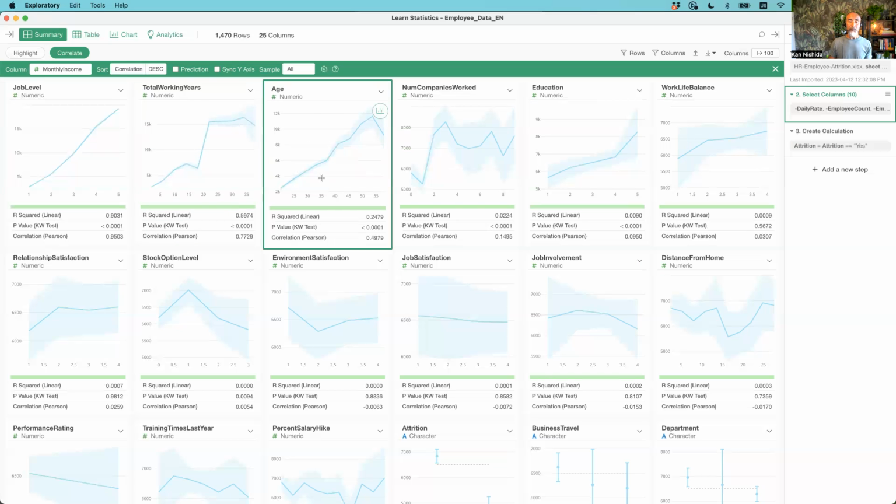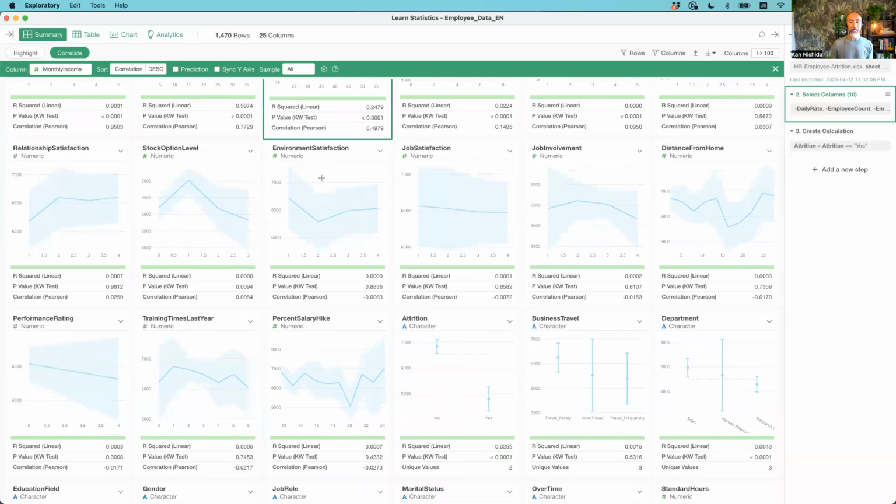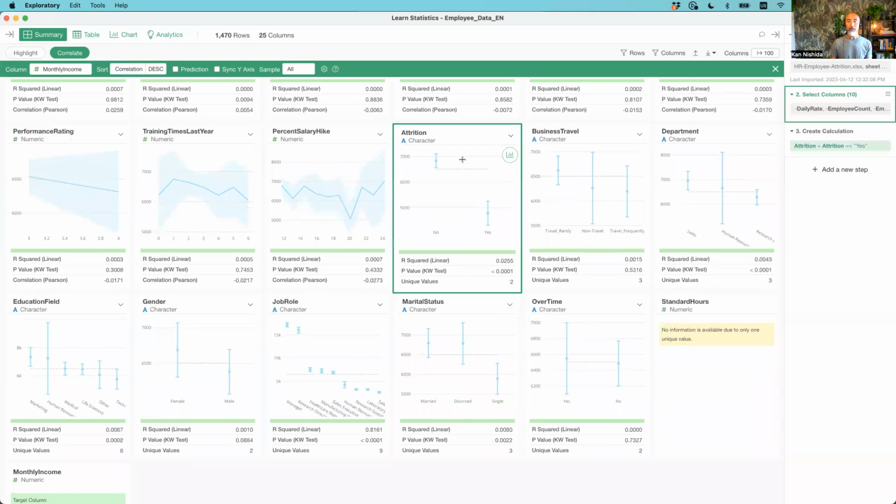But the problem here is that these categorical variables don't have this correlation. It says Pearson. Pearson is one of the algorithms that can calculate the correlation. It turned out we cannot calculate the correlation between a categorical variable and a numerical variable.